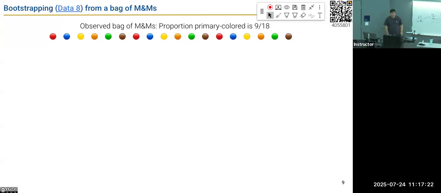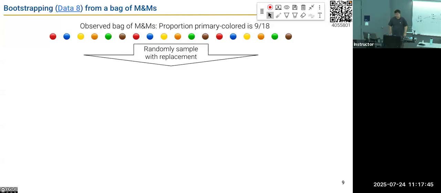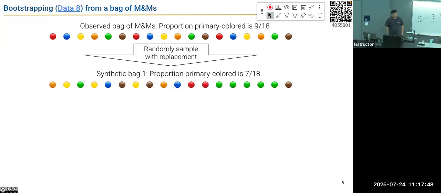If I want to make a distribution about the proportion of M&Ms that are primary colors, what I can do is take a bootstrap sample, that is, a sample with replacement of the same size as your original sample. There are 18 M&Ms here, so I'm going to sample with replacement 18 times at random.